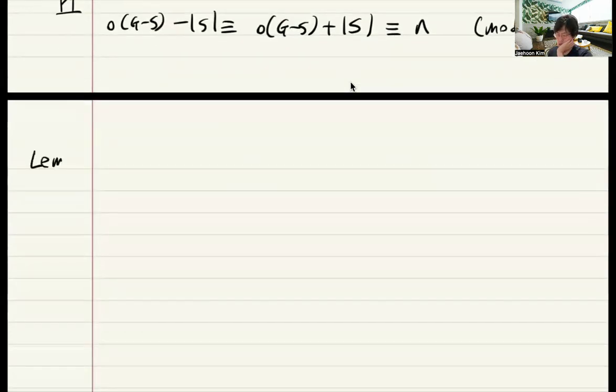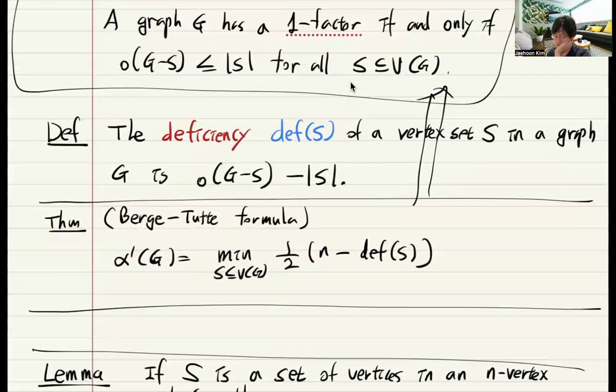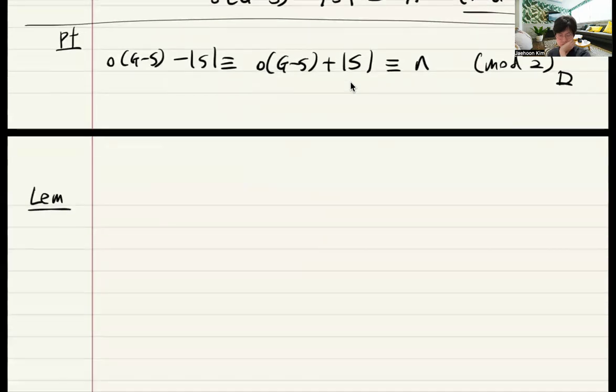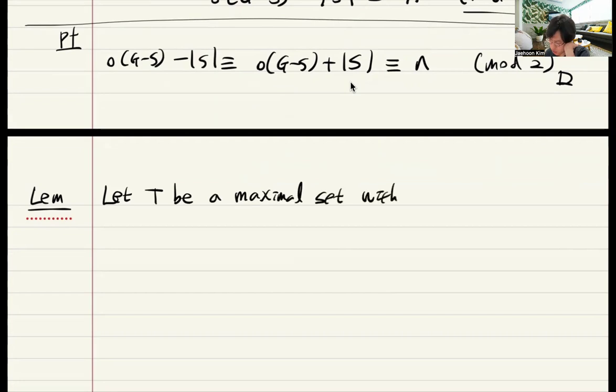And let's take another lemma. This lemma gives us a property about the set T, which is a maximal set with maximum deficiency.